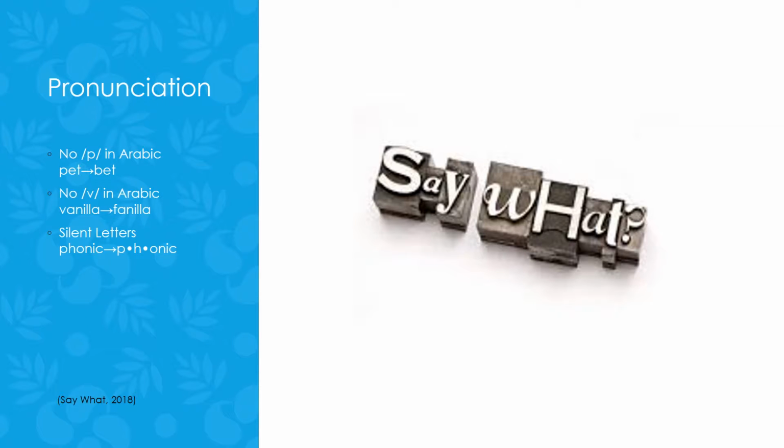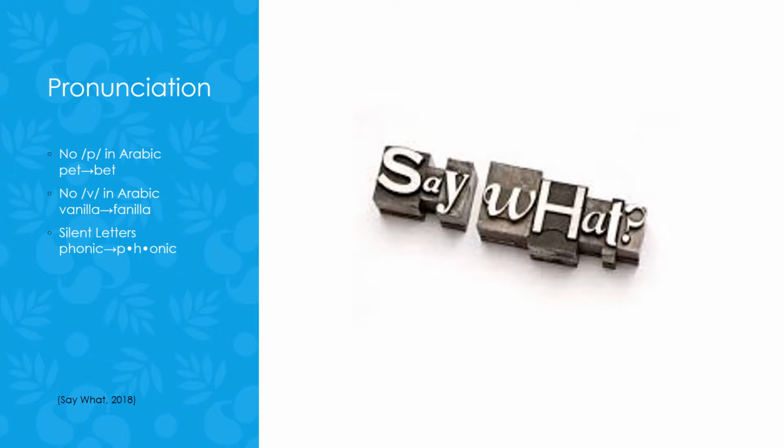While there is a lot of overlap between consonants in Arabic and English, there are some sounds that we have that Arabic speakers do not have in their own language. For example, there's no P or V sound in Arabic, and so there are words that students might find interchangeable, such as pet and bet. There's also no V in Arabic, and so often students will put in the F sound instead of a V sound.